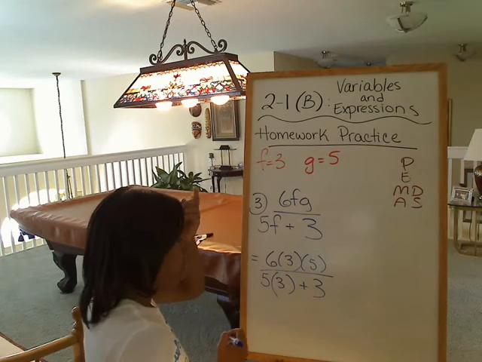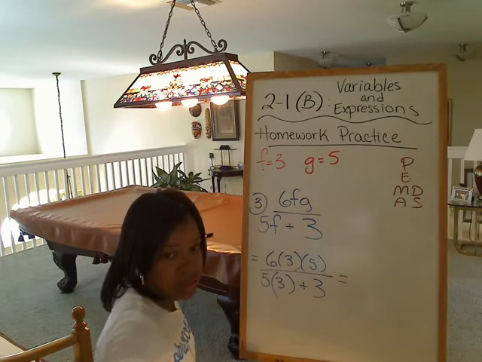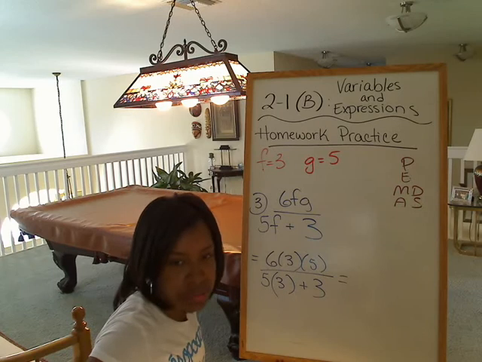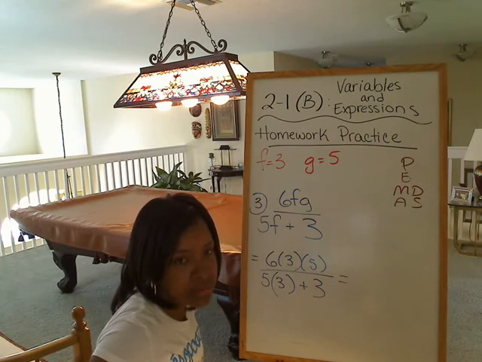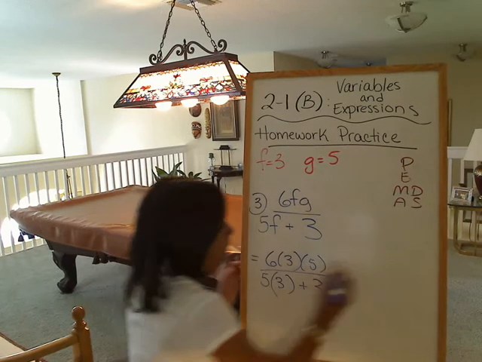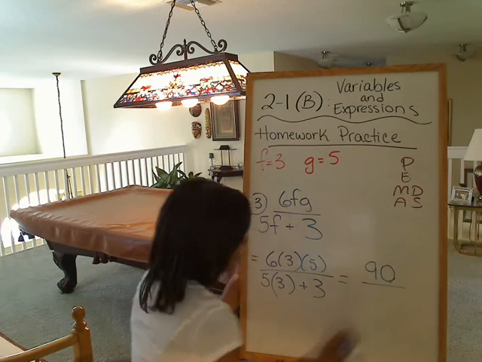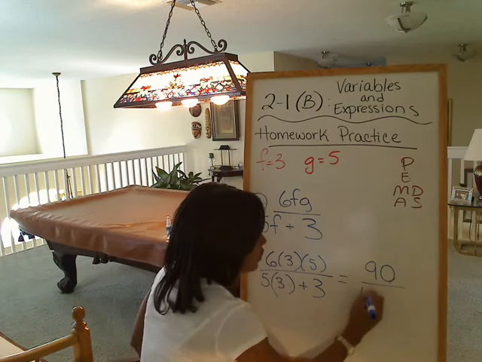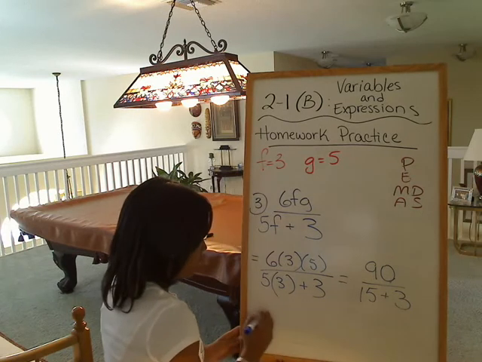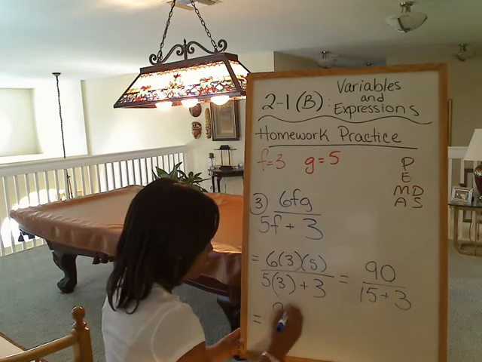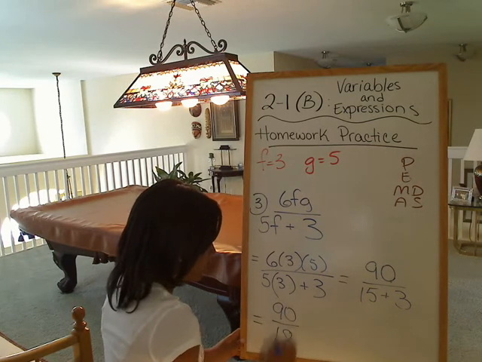So what does that give us? 6 times 3 times 5. You can do that in your calculator. 6 times 3 times 5 gives you 90. 5 times 3 gives you 15 plus 3. So we have 90 over 15 plus 3, 18.